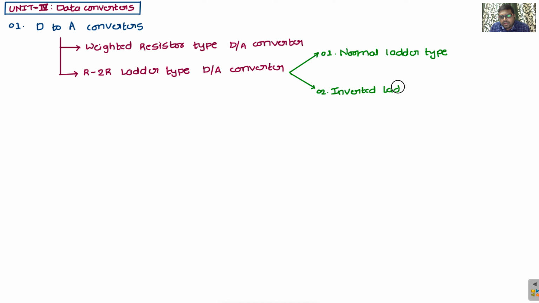Again, this one is classified into two types.